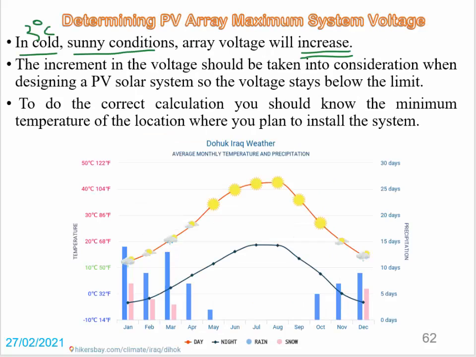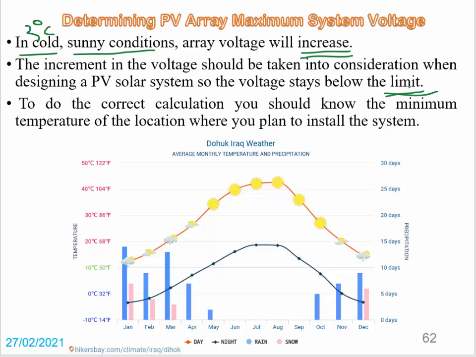So now we go back. Again, in cold sunny conditions, array voltage will increase. When the temperature is low, the voltage will increase. The increase in voltage should be taken into consideration when designing a PV solar system, so the voltage stays below the limit.